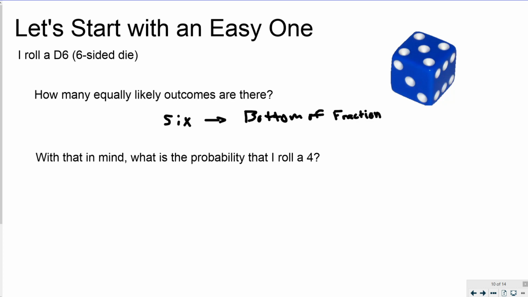So with that in mind, what is the probability that I roll a 4? Remembering the formula, that probability is equal to one outcome over the total outcomes.